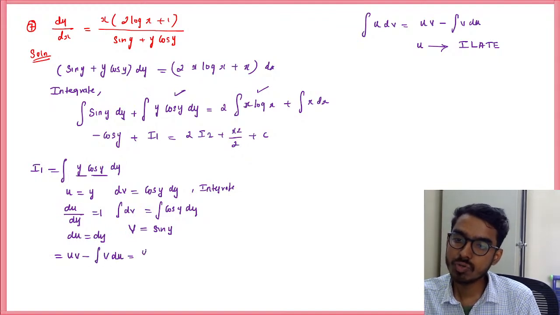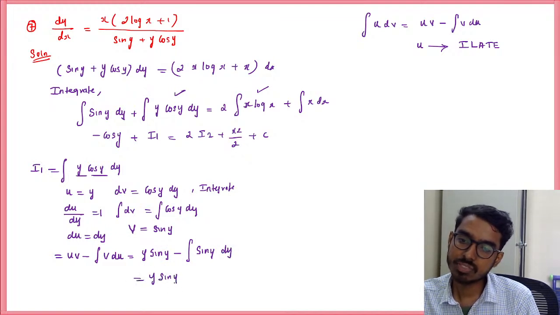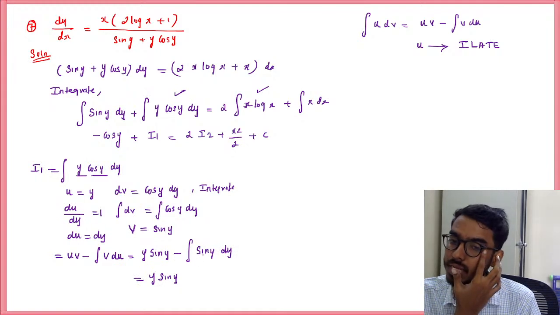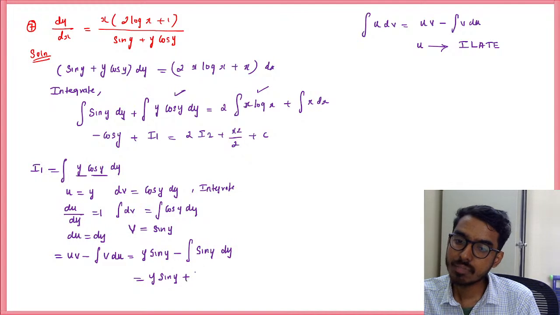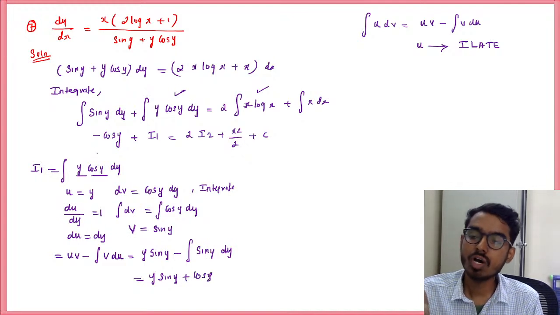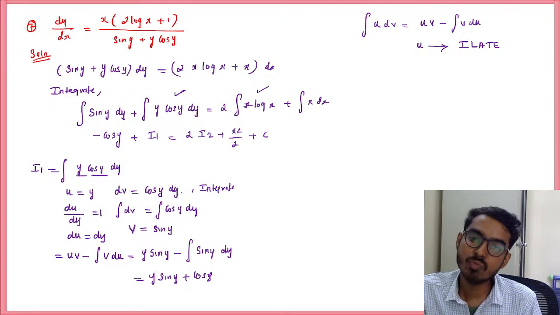What is u? u is y. What is v? v is sin y, minus integration of v, sin y. What is du? du is dy. Means y into sin y minus integration of sin y dy. What is the integral of sin y? It is minus cos y, right? That means this will be plus cos y. This is the integral value of y cos y dy.